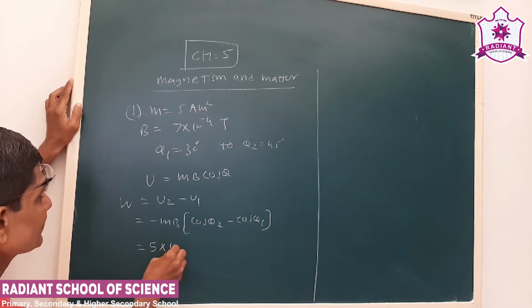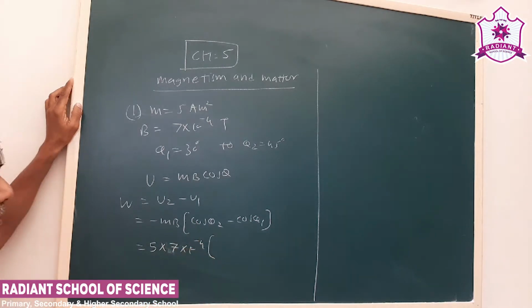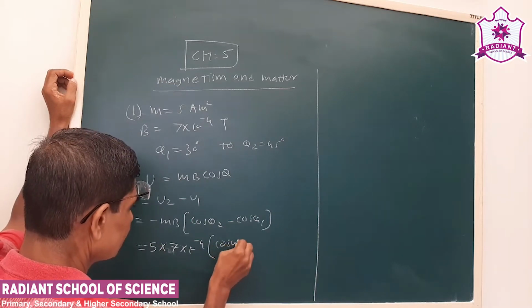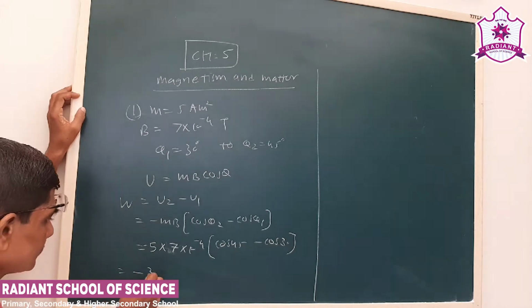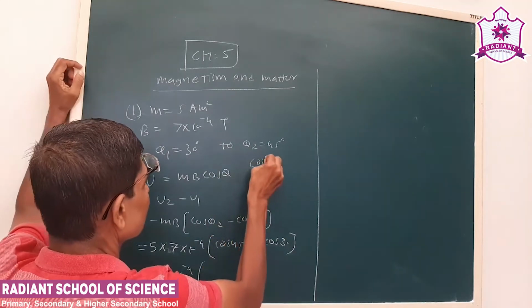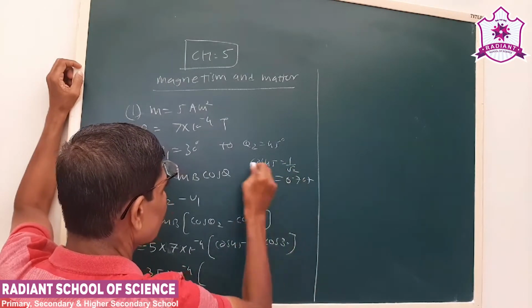5, 7, cos 45. Now cos 45 is 1 upon root 2, that is 0.707.